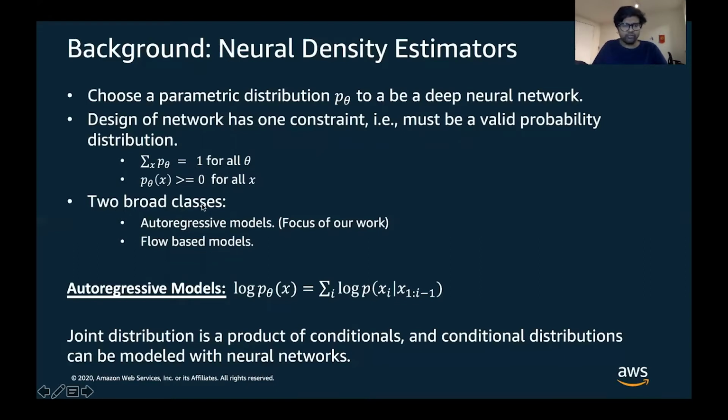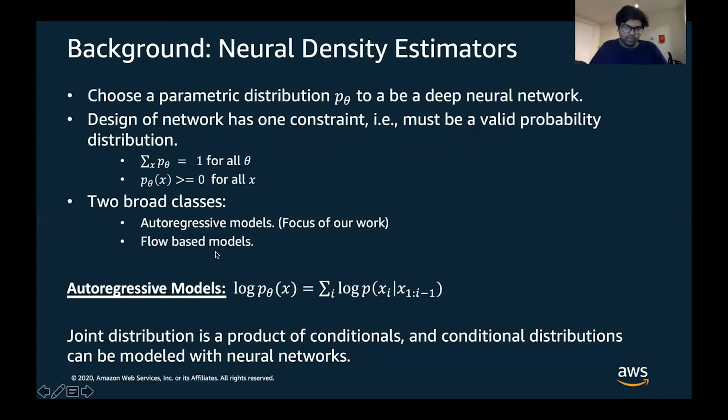There are primarily two broad classes of neural density estimators. One is the autoregressive model approach, which is the focus of our work, and then there are flow-based models, normalizing flows, and many more. I'll only talk about the autoregressive model part here.